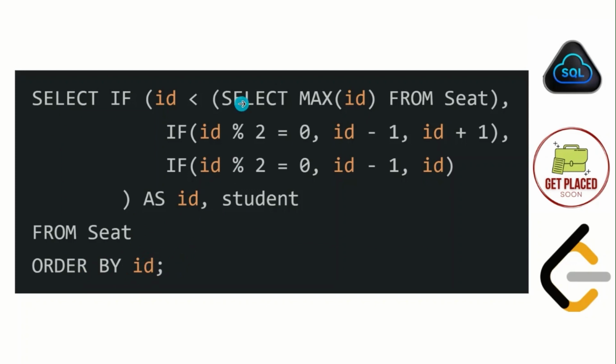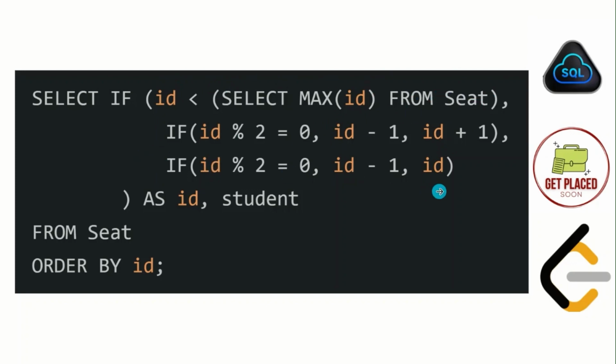Now coming to the most important part, that is the logic. Here we have an IF statement. An IF statement starts here and ends here. We have three parameters. The first one is the condition. The second one is what we do if this is true, and the third is what we do if this is false.